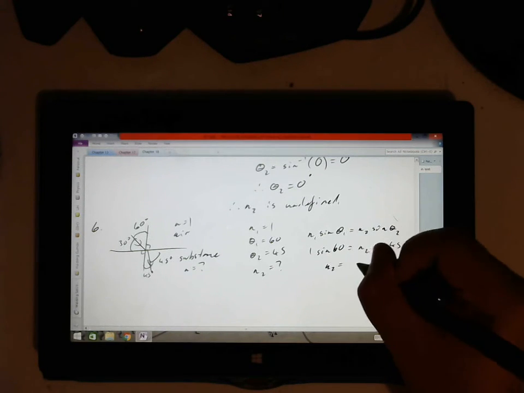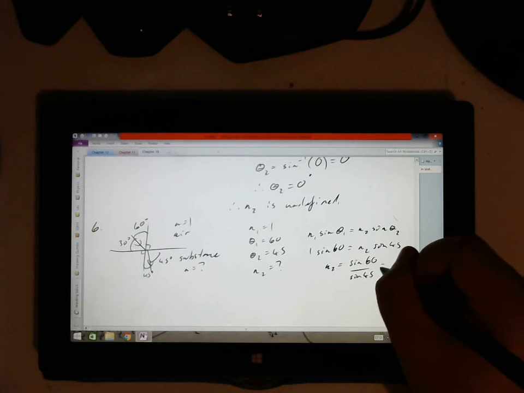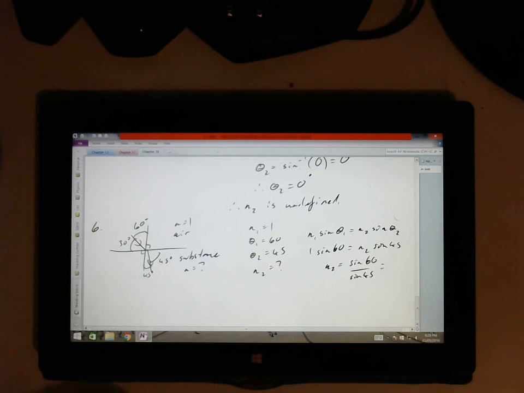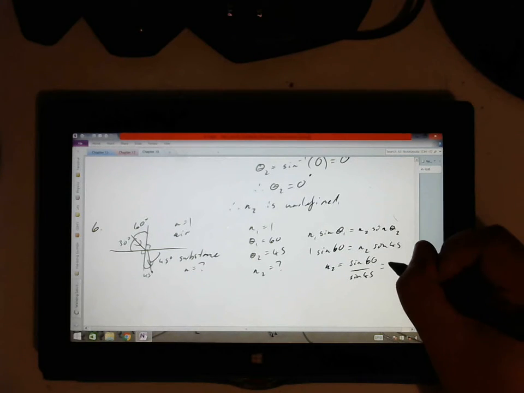So n2 equals sine 60 over sine 45 equals, well, we can do that in a calculator, sine 60 divided by sine 45, we get 1.22.